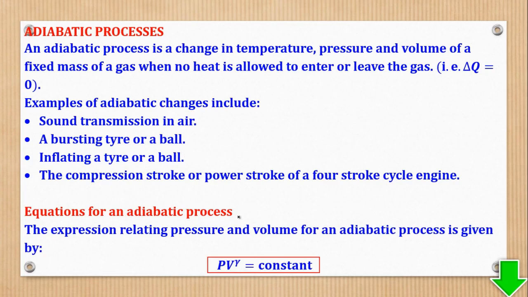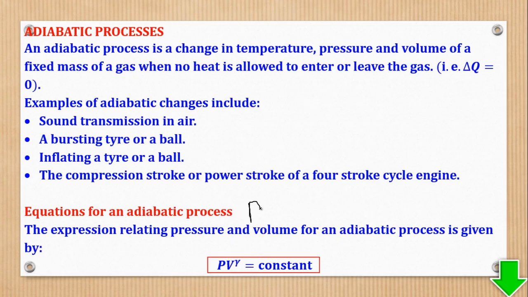Remember, for isothermal, we said it obeys Boyle's law, so it is just PV equal to constant. But when it comes to adiabatic, it becomes PV to the power of this symbol. Now, this symbol is the ratio of Cp over Cv. So that is the difference between adiabatic and isothermal.